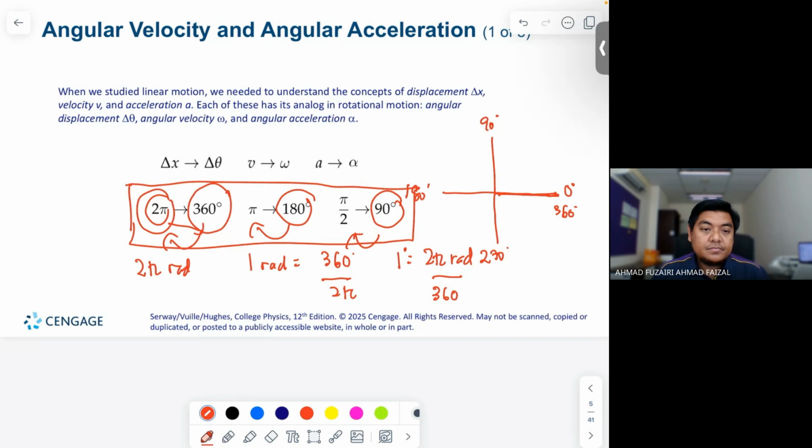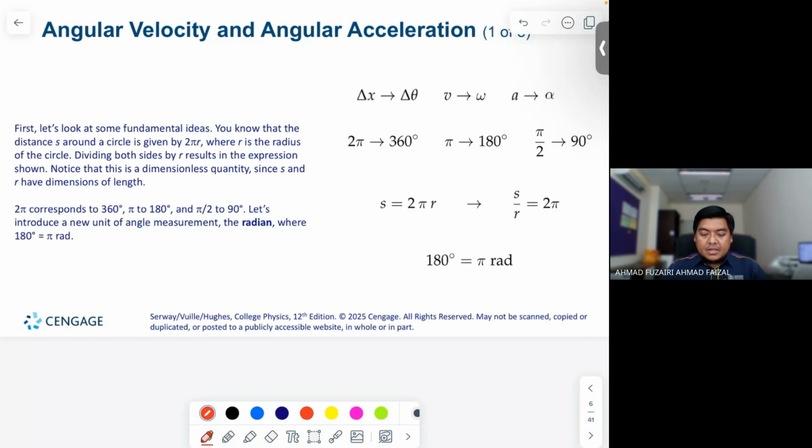Because of that, we can find some conversion from this part. Just take one. If you really like 360, then just take 360. Normally, in my case, I always use 2 pi as 360 degrees, or maybe I can use pi as 180 degrees. So it's up to you which one you want to take as the conversion.